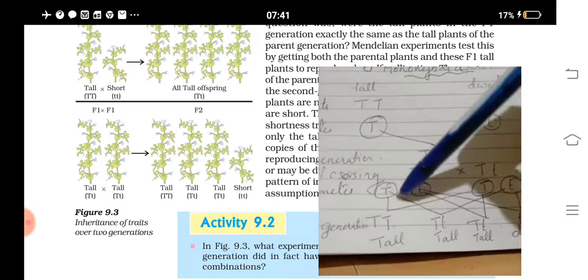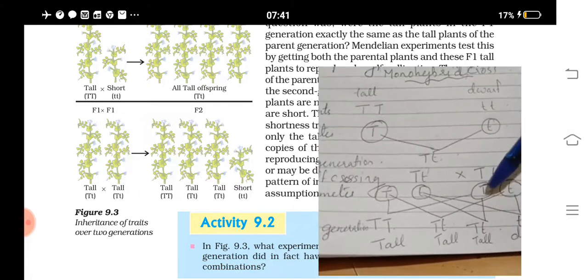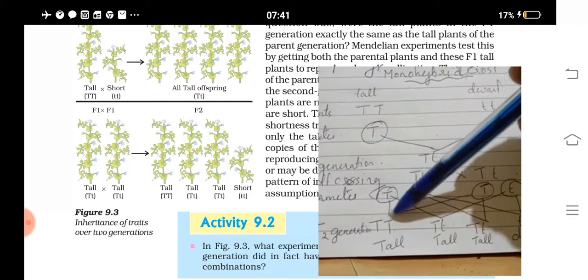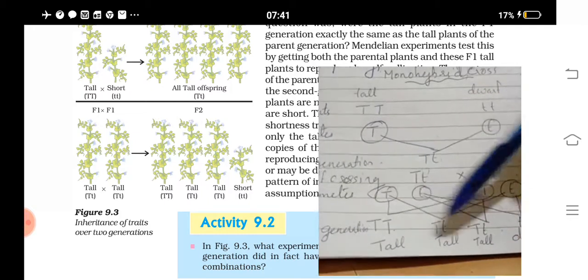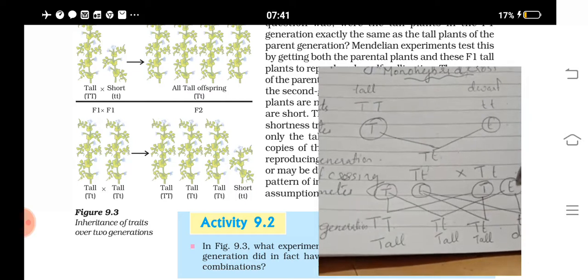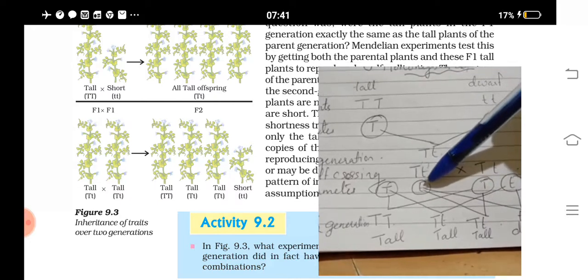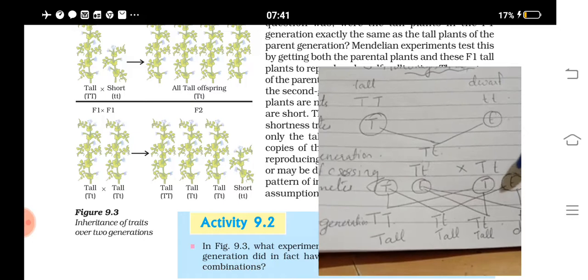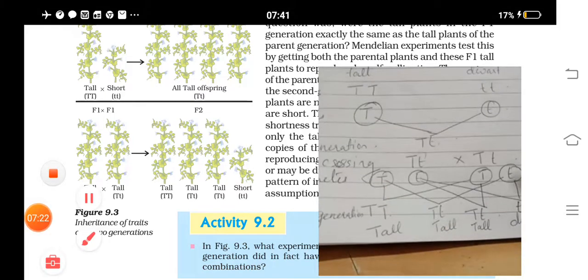So when this gamete capital T fuses with the gamete of the other parent, what will be the genotype of the progeny? Capital T, capital T. And when this gamete fuses with this gamete, what will be the progeny? Capital T, small t. And here also, when this small t produced by this parent combines with the other one, it is capital T, small t.